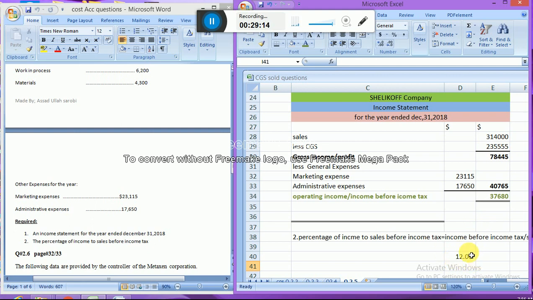That means if we make sales of 100, our percentage of income will be 12%. Clear now?